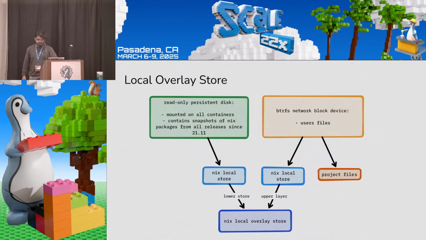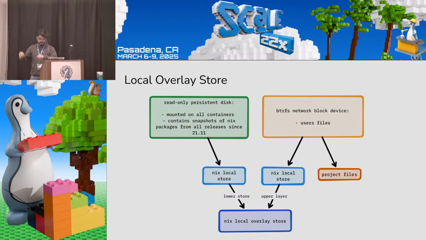So let's talk about what some of you may have heard about, the local overlay store used in Nix. In order to have faster dependency installation, usually when you install a dependency, you pull from cache.nixos.org. That takes a little while. Since we're serving all these Docker containers, we don't want so much ingestion into our system.